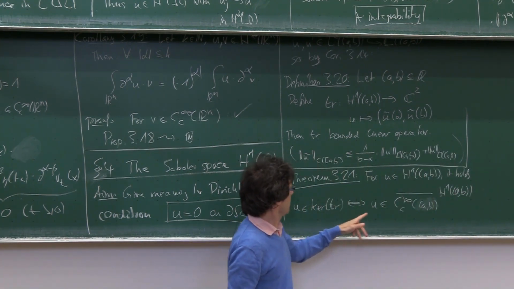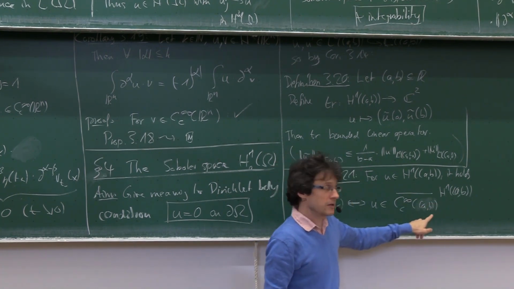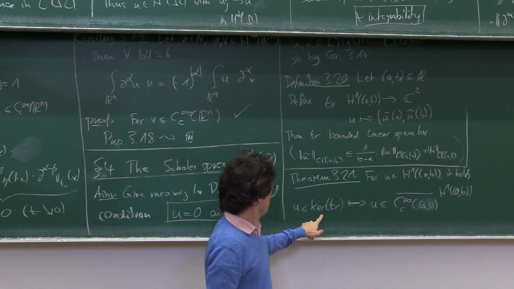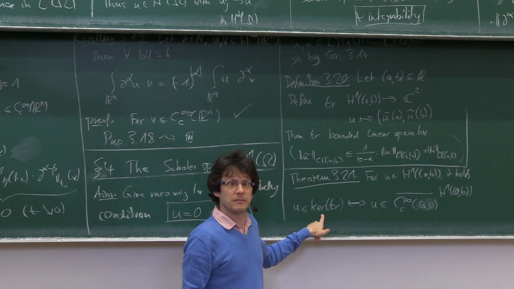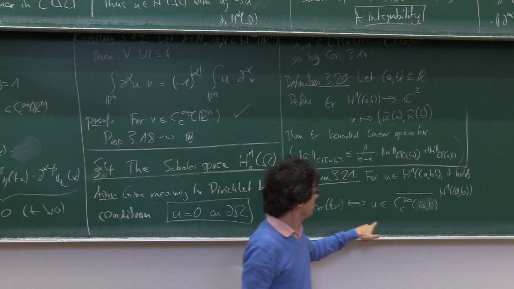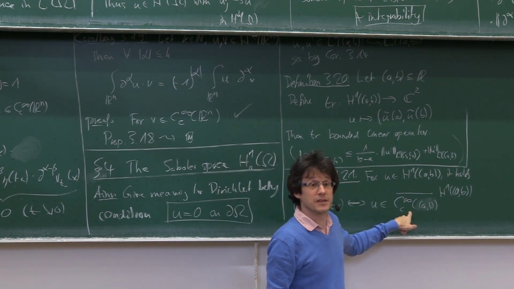So if you have a function that can be approximated in the H1 norm by C_c infinity functions, then this has zero boundary values. And the other way around, if a function has zero boundary values, then it's in the H1 closure of C_c infinity.